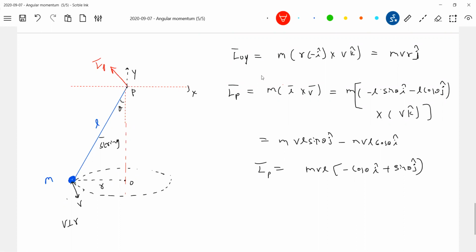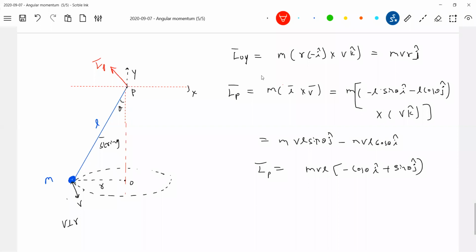Now let's calculate magnitude. How much magnitude? It will be MVL only, magnitude.